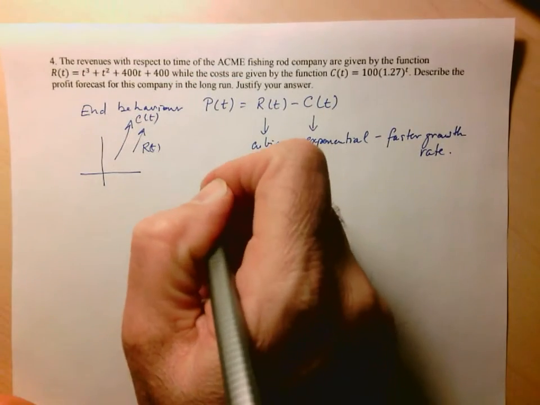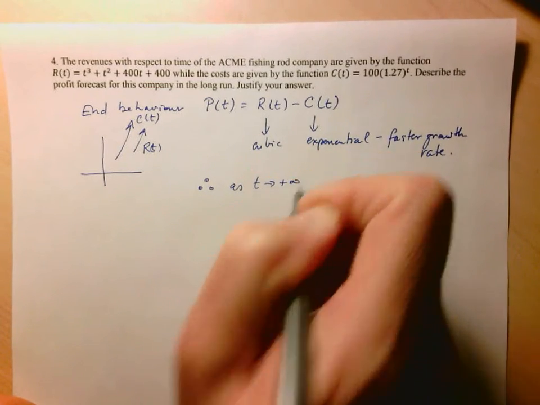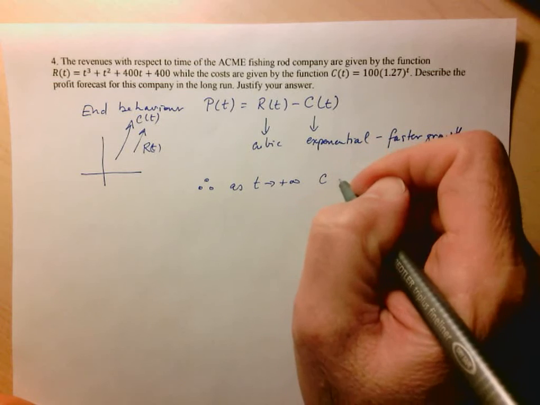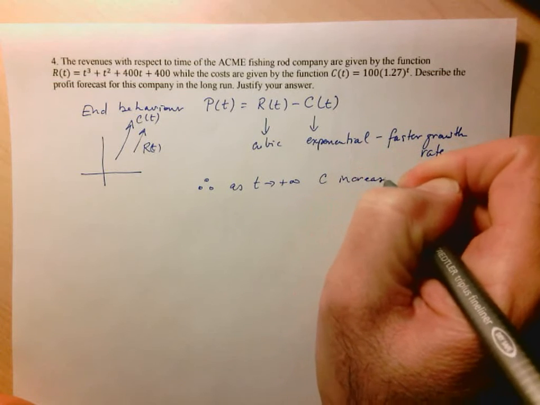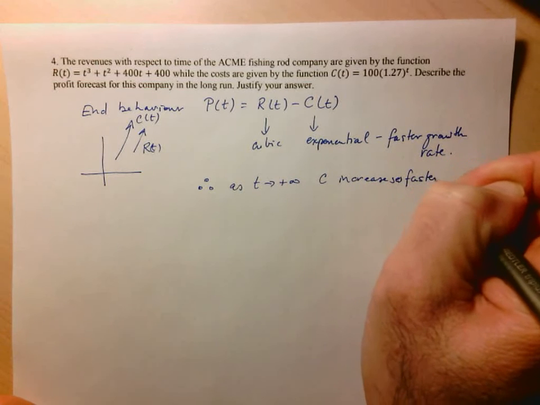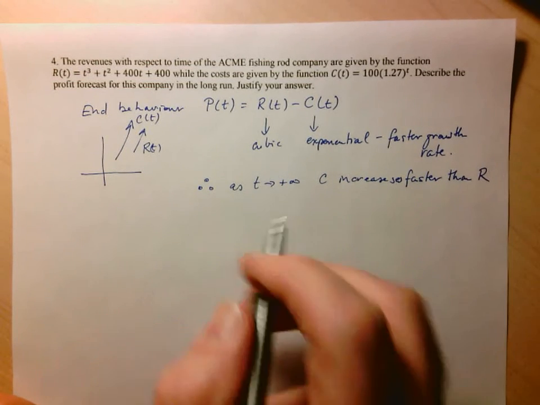Okay, so here we can say, therefore, as t goes to positive infinity, the cost increases faster than the revenue.